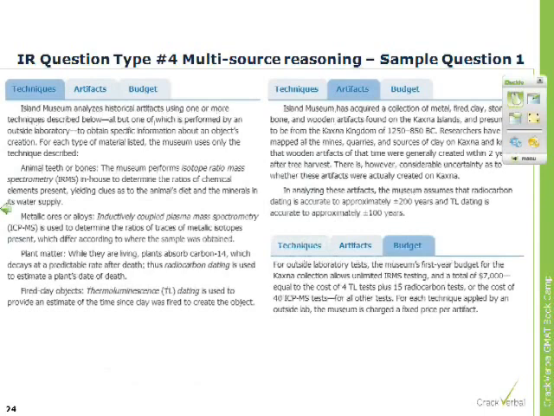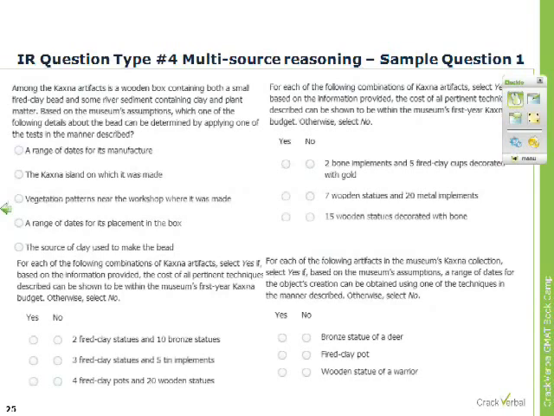So you can't get the creation date. What is asked? Wooden statue of a warrior. So you are assuming that the plant may have died a long time ago and then the wooden statue was made after some time. That's what you're saying, right? Wooden statue, yeah, it may be deceptive.